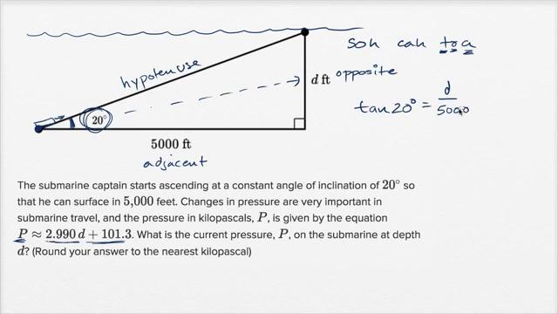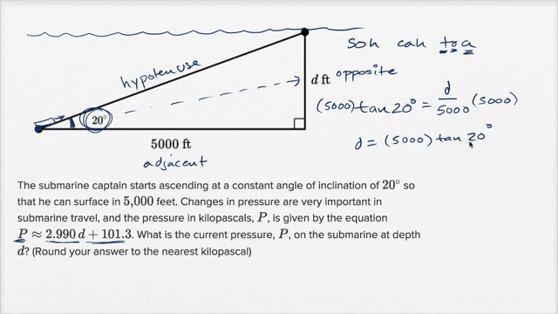If we want to solve for d, we can multiply both sides by 5,000, and we get d is equal to 5,000 times the tangent of 20 degrees. Then we can take this value, substitute it into the formula, and round to the nearest kilopascal.